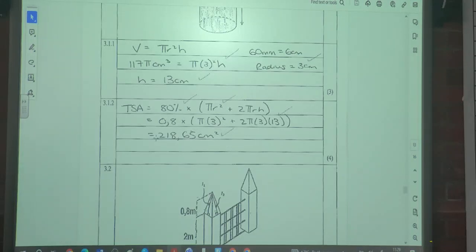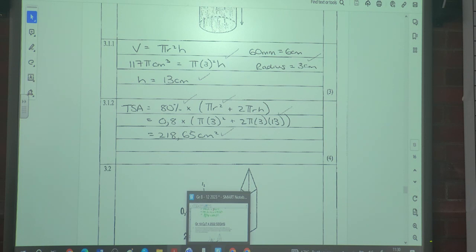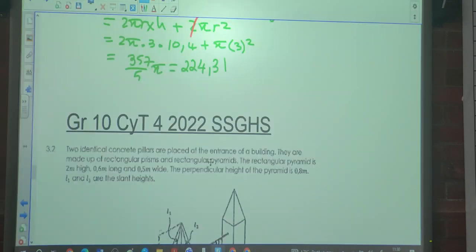If you're looking at the total surface area, they didn't say it's 80% of the total surface area. What did they say it's 80% of? The volume. So it must be 80% of the volume, not 80% of the total surface area. There's a mistake here. You all agree? So that's a mistake. Sorry about that.